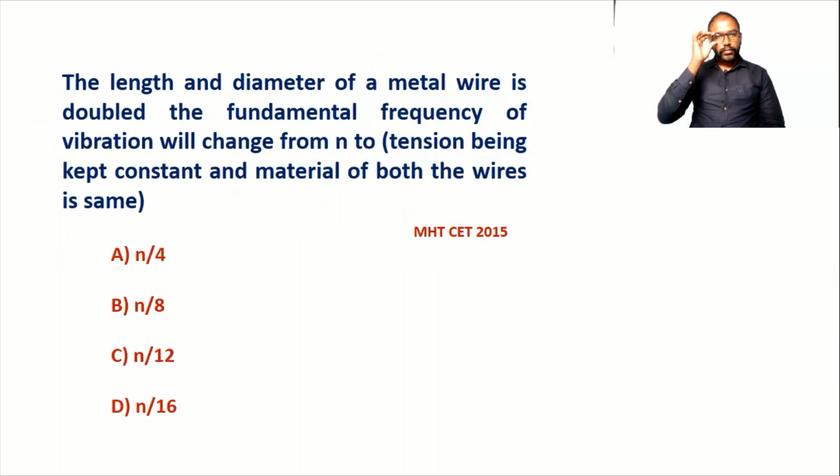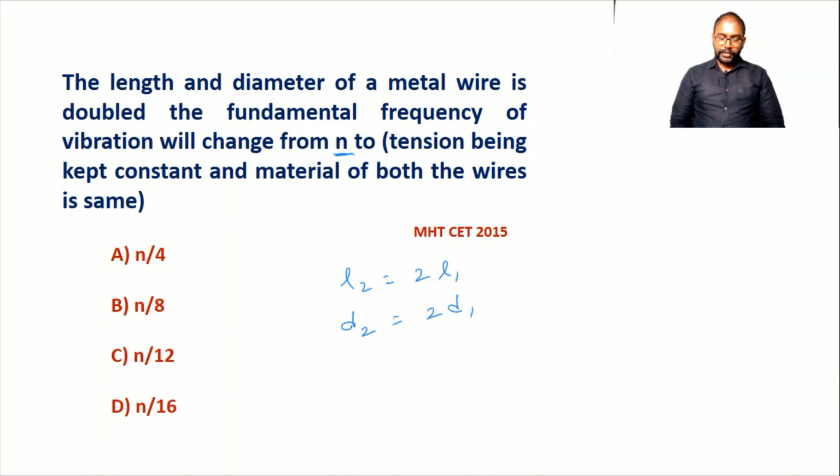Next one. The length and diameter of a metal wire are doubled. So L2 is equal to twice L1, and diameter 2 is equal to twice diameter 1. The fundamental frequency changes from N to what? So tension is constant.